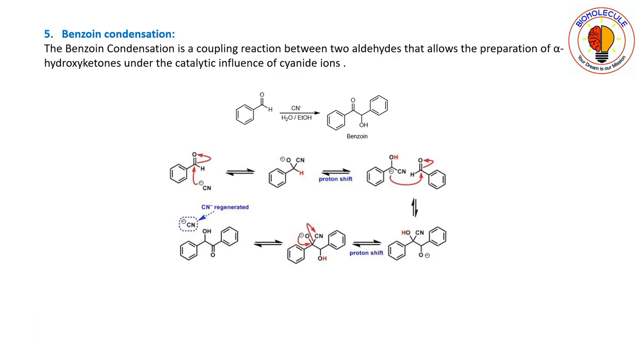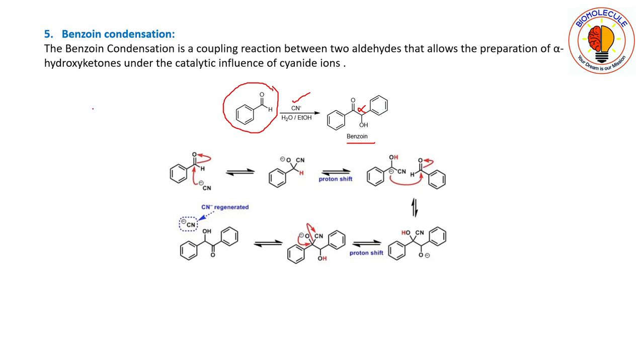So let's now look into the reaction. We are taking benzaldehyde and treating it with cyanide ions, and we are getting benzoin, that is, alpha hydroxy ketones.